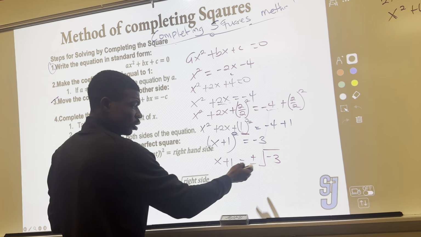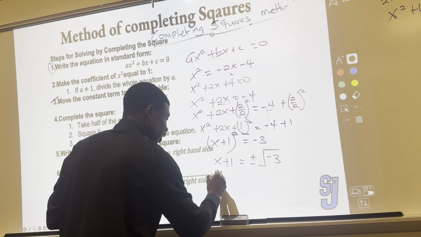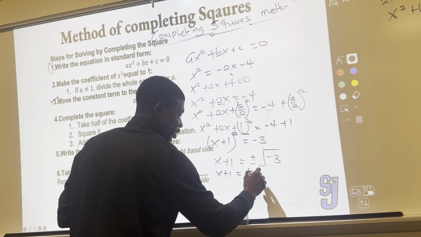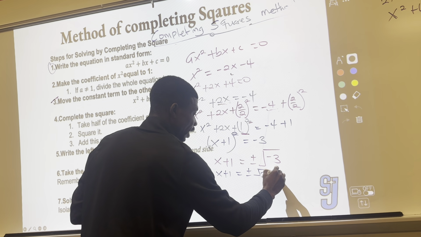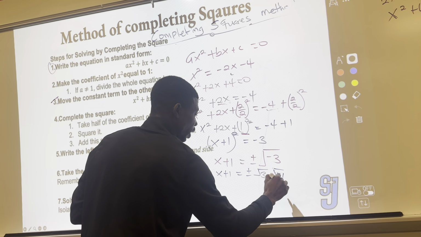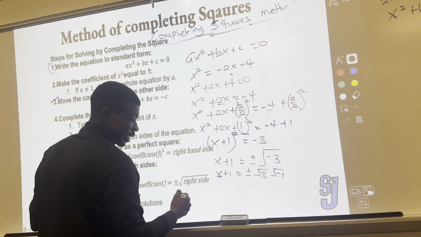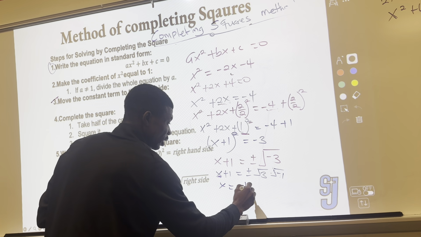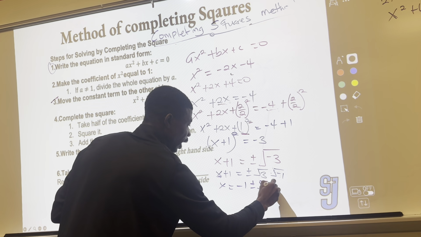And as we usually know, the square root of -3 is plus or minus the square root of 3 multiplied by i, or let's say root of -1, which is eventually i. So if I am solving for x, then x equals -1 plus or minus the square root of 3i.